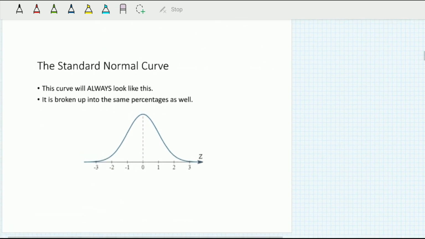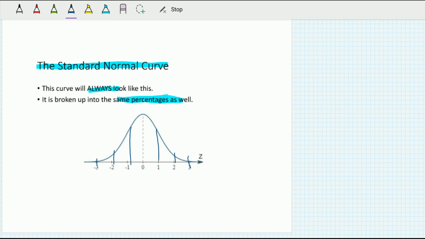This will never change when we talk about the standard normal curve, which works with z-scores. It's always going to look like this, and the percentages are the exact same as before. You don't have to learn something else here.